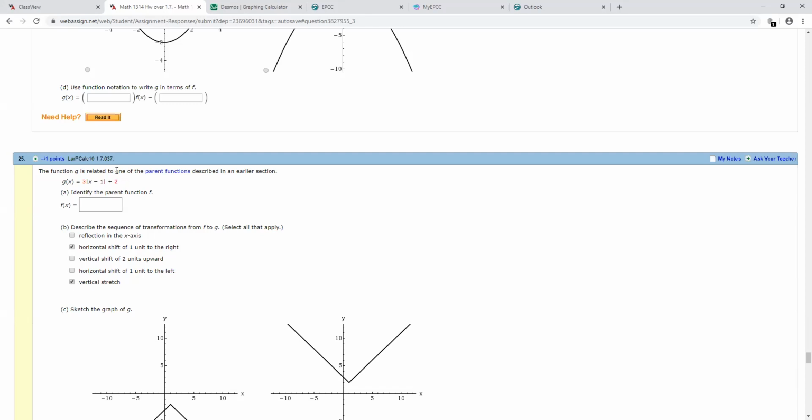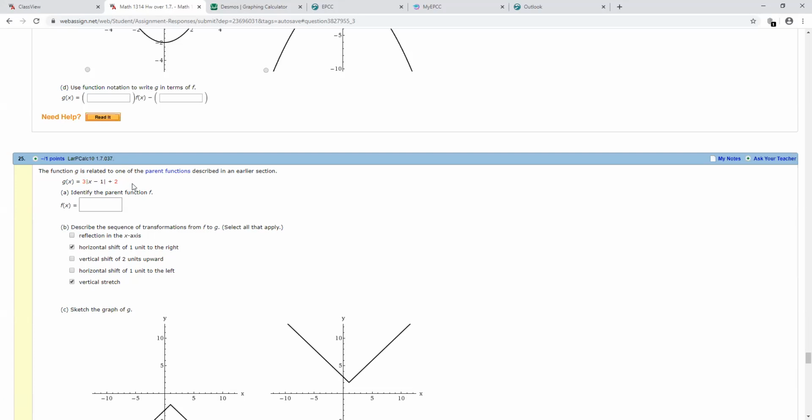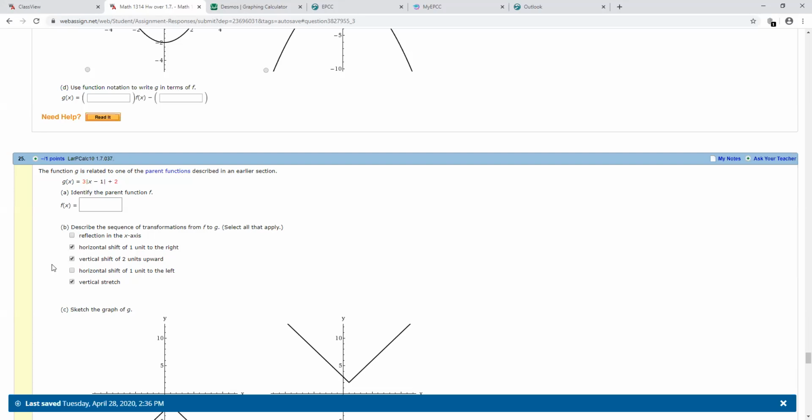And what's the +2 outside the function? It's a shift. And is it horizontal or vertical when it's outside the function? Vertical. And you do what it says, so a vertical shift upward of 2, like that. Yes.